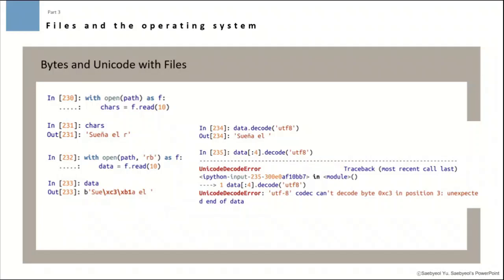UTF-8 is a variable-length Unicode encoding, so when I requested some number of characters from the file, Python reads enough bytes, which could be as few as 10 or as many as 40 bytes, from the file to decode that many characters. If I open the file in rb mode instead, read requests exact numbers of bytes. Depending on the text encoding, you may be able to decode the bytes to a string object yourself, but only if each of the encoded Unicode characters is fully formed.